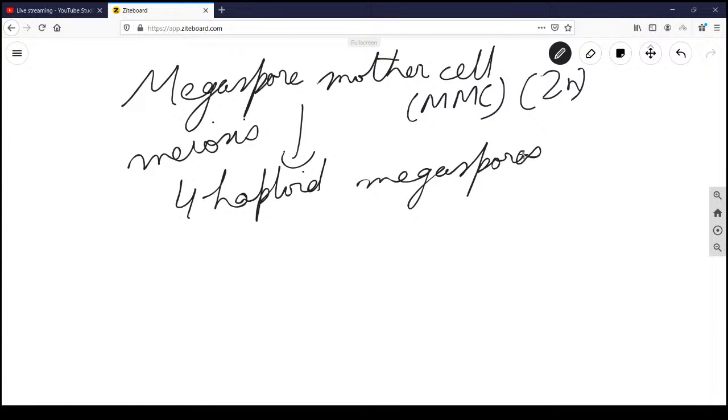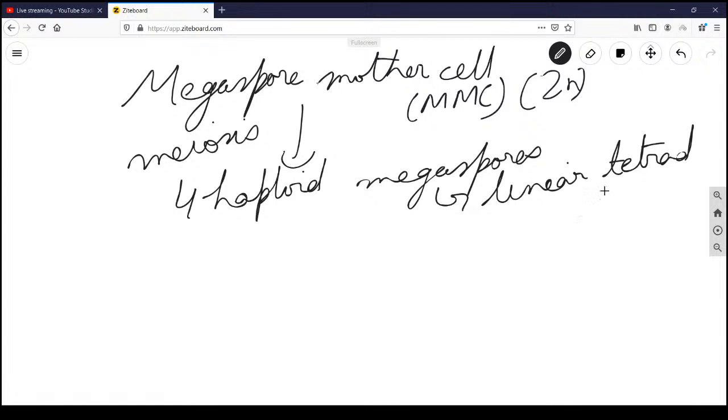Now 4 haploid megaspores have already been produced. This is the first step in megasporogenesis. Now listen very carefully, these 4 megaspores will form a linear tetrad just like the microspore mother cells.